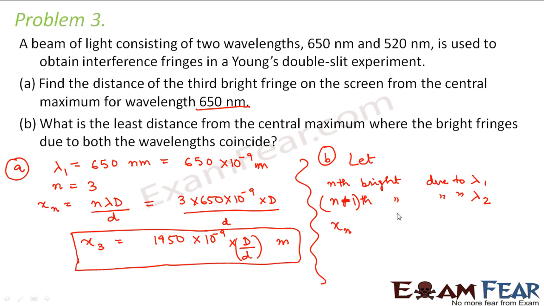The position of xn due to lambda 1 will be equal to n lambda 1 capital D by small d. And what is xn plus 1? That will be n plus 1 into lambda 2 capital D by small d. Right? So now we will equate both. Therefore, n lambda 1 capital D by small d is equal to n plus 1 lambda 2 capital D by small d.